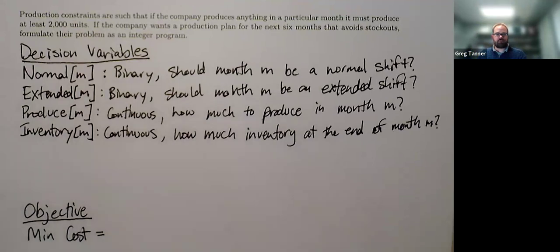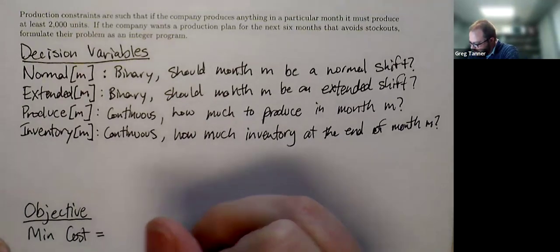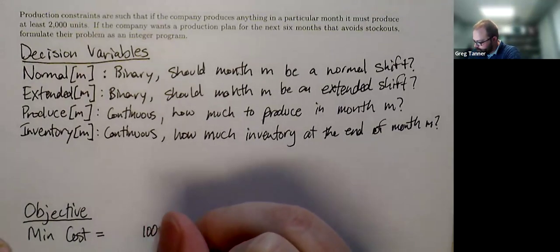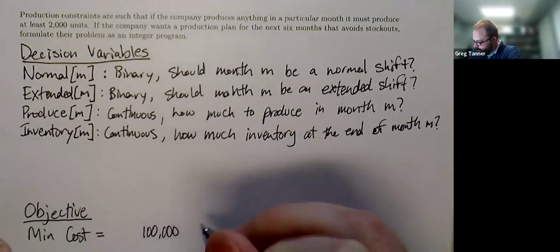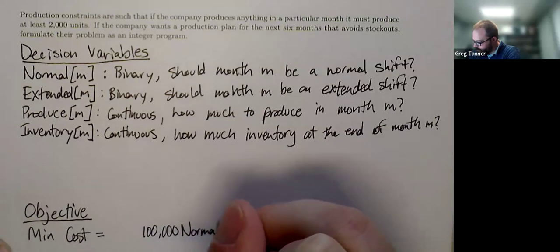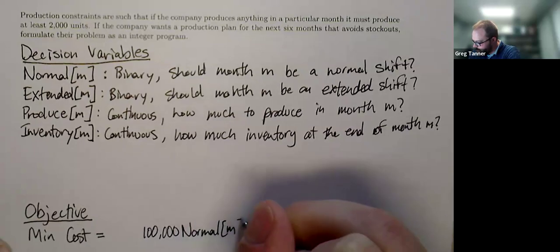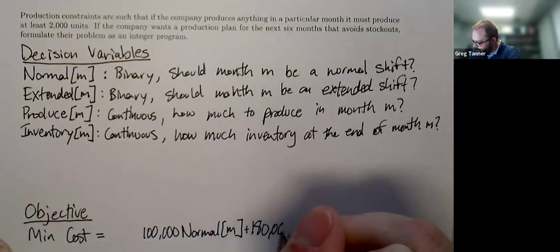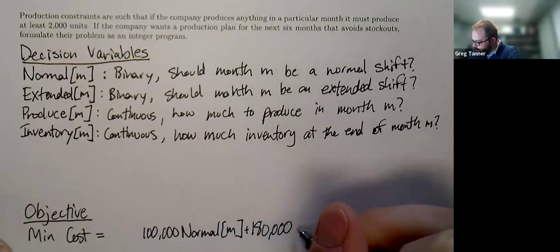We've got a certain cost for running a normal shift. We've got a certain cost for running an extended shift. And so it's 100,000 times whether or not we have a normal shift, and 180,000 times whether or not we have an extended shift.